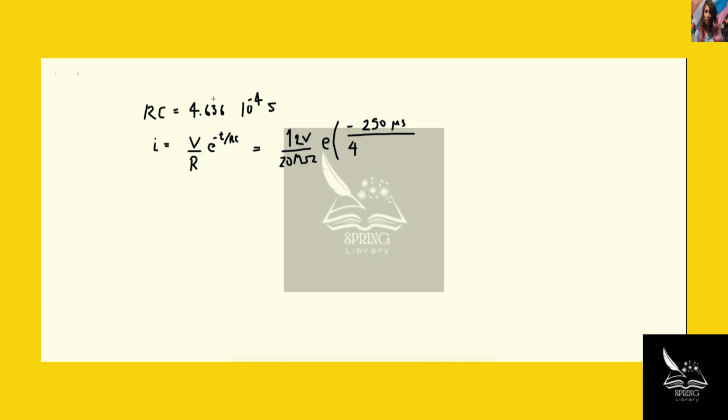I can also write RC in terms of microseconds, that is equal to 463.6 microseconds. And this ultimately leads us to a value of 3.5 times 10 power minus 7 amperes.